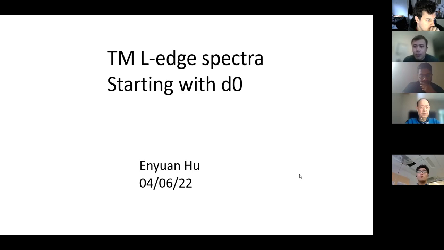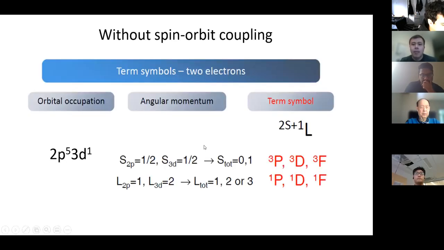Today we're going to get a little bit practical, and I'll start with a practical transition metal case. We're starting with the simplest one that we can ever imagine, which is d0, right? It should be very simple, but not really. This is the simplest system we can imagine, a 3d0.